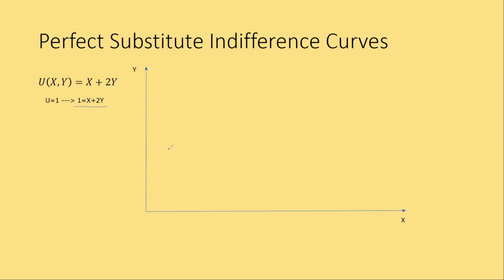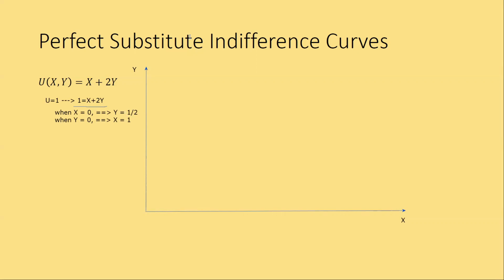To draw this curve, there's a simple technique. Let's say x equals 0. When x equals 0, we can solve this equation and find that y equals a half. Similarly, when y equals 0, we can solve this equation and find that x equals 1. So this gives us 2 points. When x equals 0, it is on the y-axis.